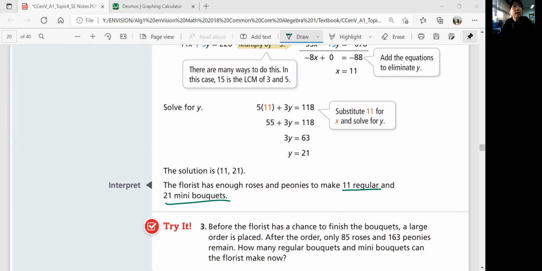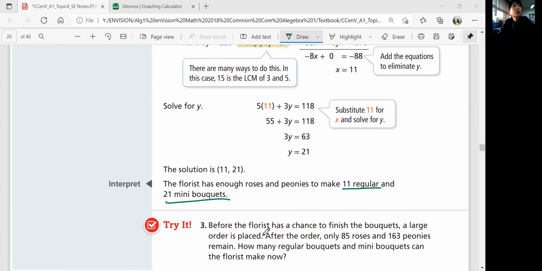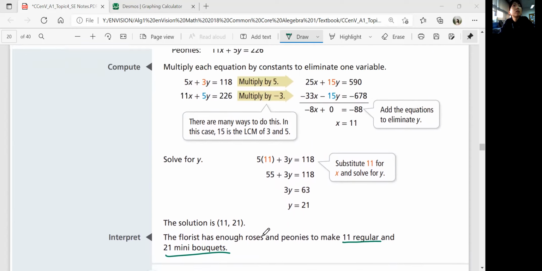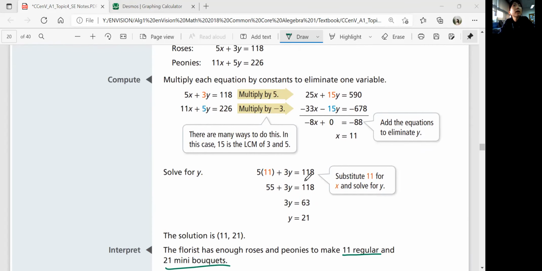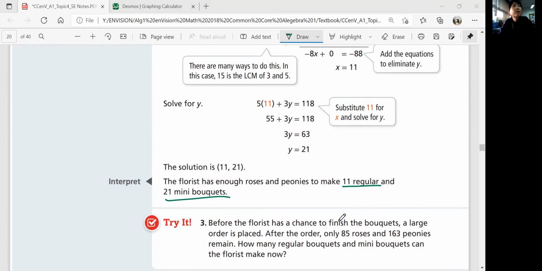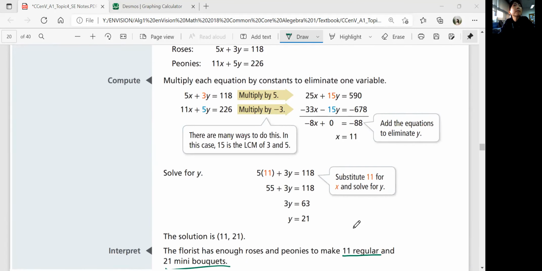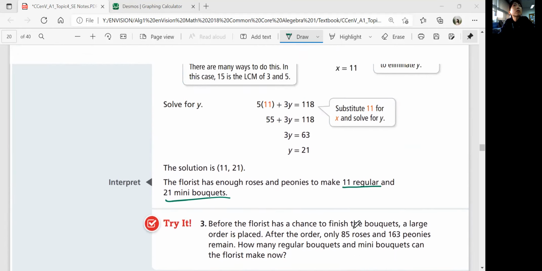Let's look at try number 3. Before the florist has a chance to finish the bouquets, a large order is placed. After the order, only 85 roses and 163 peonies remain. Ooh, how many regular bouquets and mini bouquets can the florist make now? Okay, so we have the same equations, except they're going to equal 85 roses and 163 peonies total.